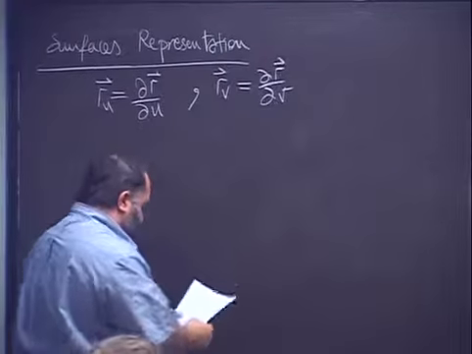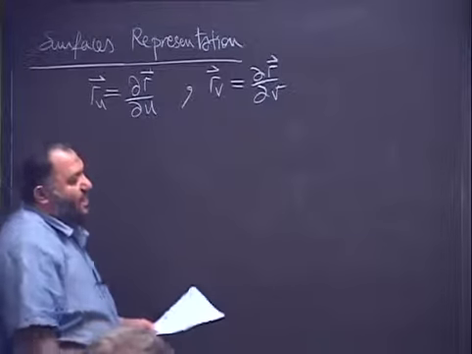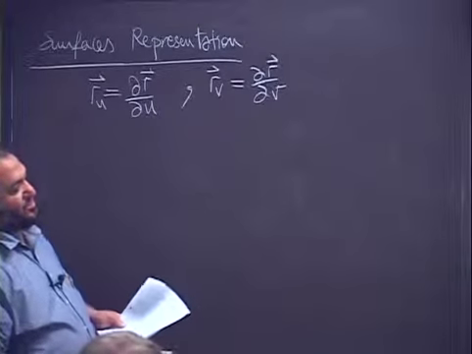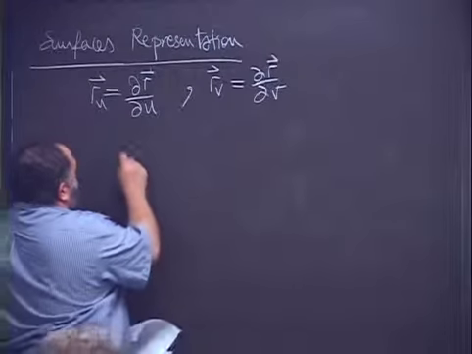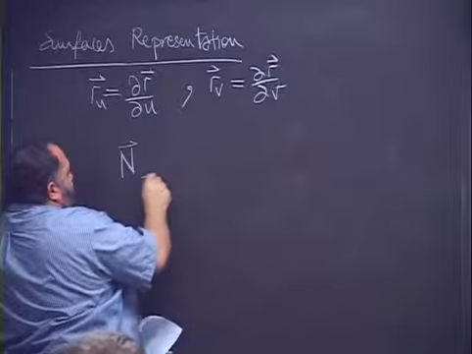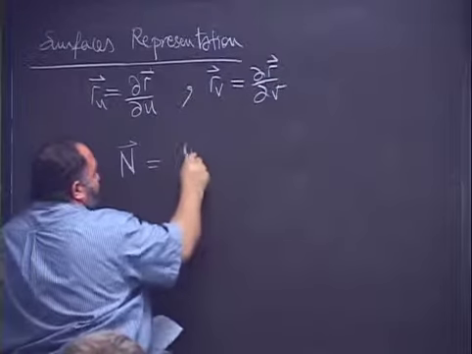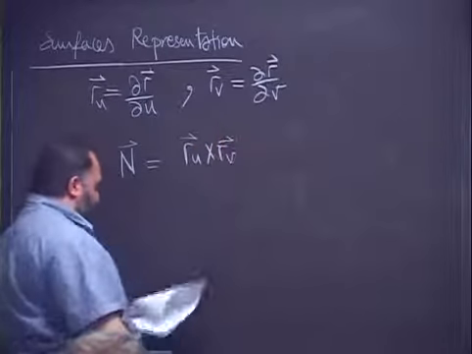So now, if you want to get a vector normal to r sub u and r sub v, what should we do? Cross product. So let's assume that this vector is n, and this vector n will be what? r sub u crossed with what? r sub v.